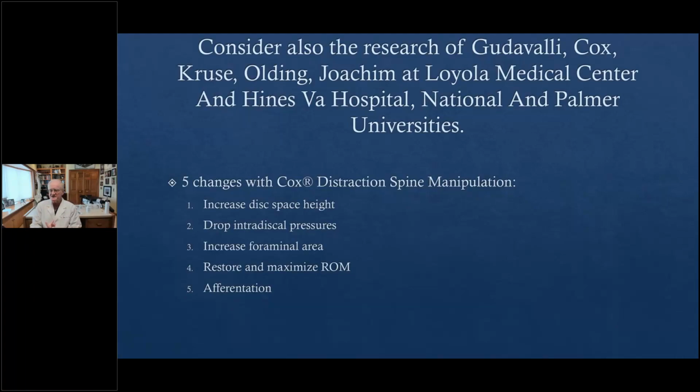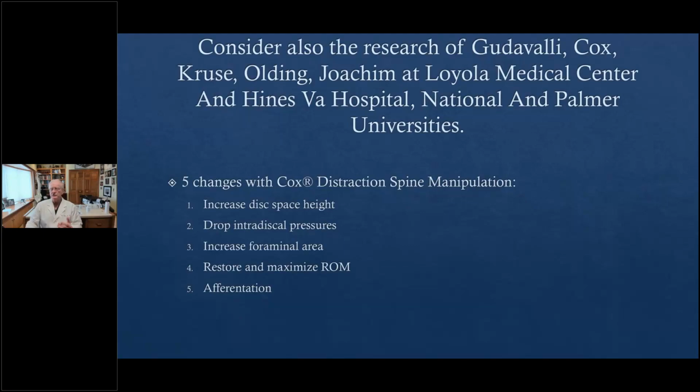We increase disc space height, we increase the foraminal area by 28%, we drop the intradiscal pressures up to 192 millimeters of mercury, we restore and maximize to the best of that patient's capability their range of motion.